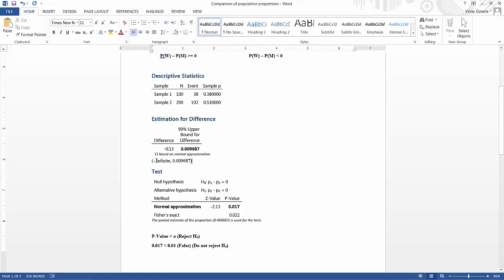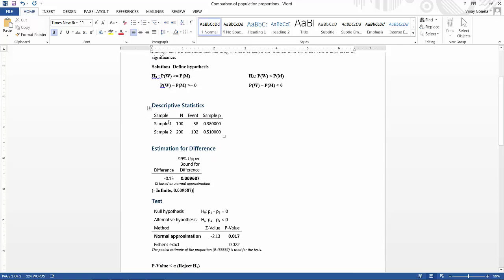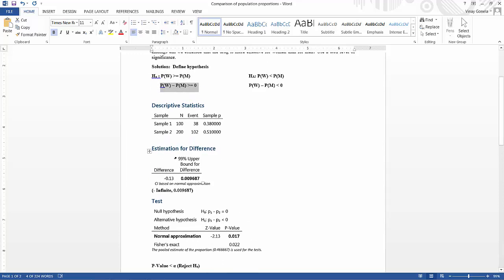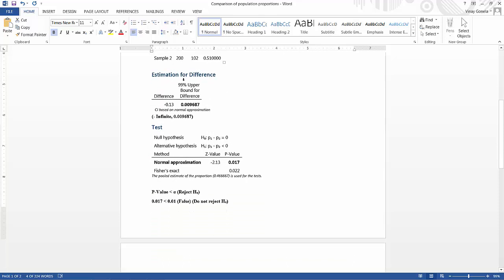That would be our confidence interval for one tail. That means we have some values above 0. This interval contains 0 and above values, so that means this statement is true. That's the other way we can say that our null hypothesis is true and we cannot reject it.